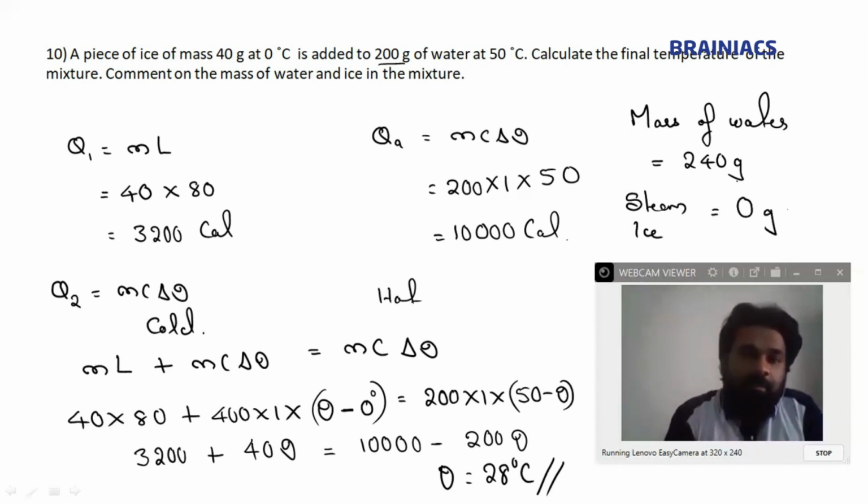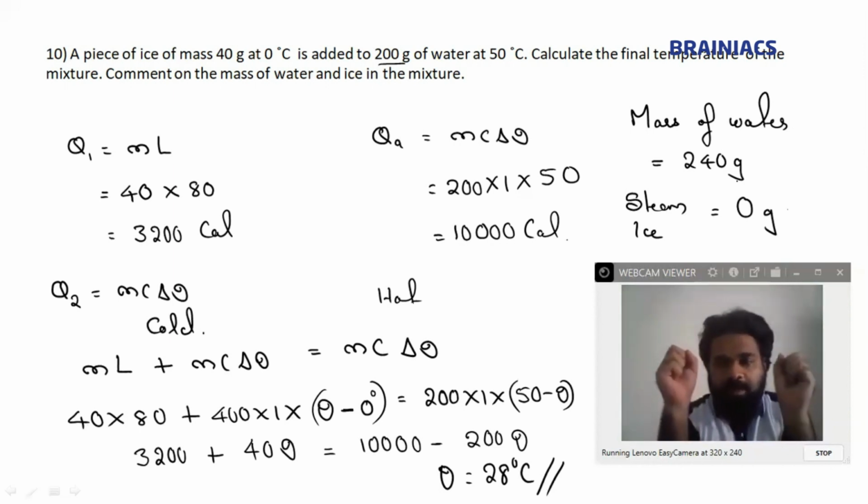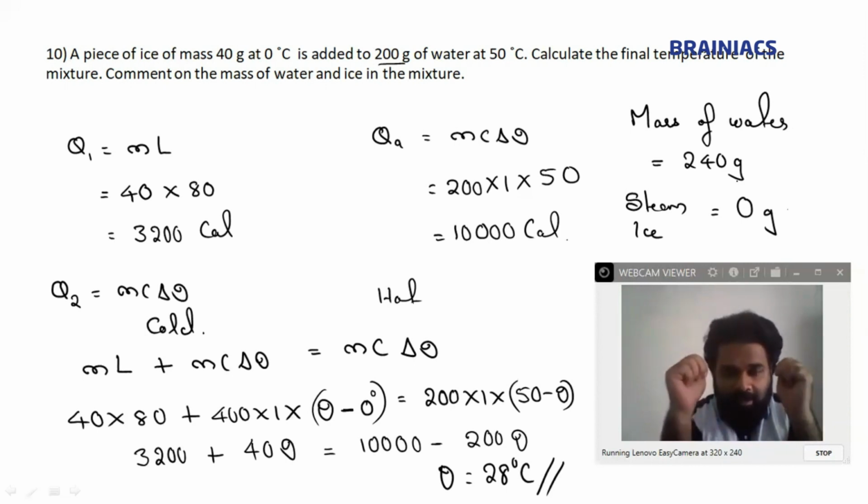I will explain once again. One side it is a piece of ice at 0 degrees Celsius. The other side it is going to be 200 gram of water at 50 degrees Celsius. So first what we will do, Q1 we will write: ice will convert into water at 0 degrees Celsius. How much calorie is required? 3200. If full water at 50 degrees Celsius comes to 0 degrees Celsius, it will release 10,000 calories.